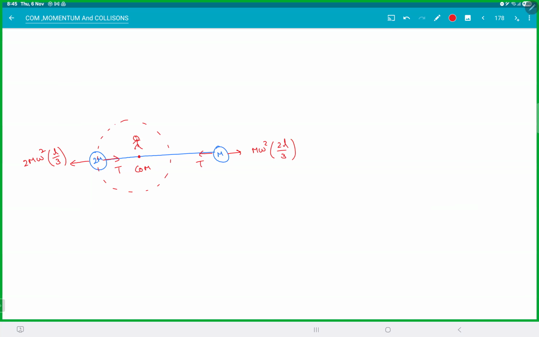You will get the same thing. There you get tension is equal to 2m omega square L by 3. Omega is nothing but u by 6L, so omega square is u square by 36L square. Times L by 3, this will be m u square by 54L. Check. That's your answer. That is the tension in the rod after the collision gets over.